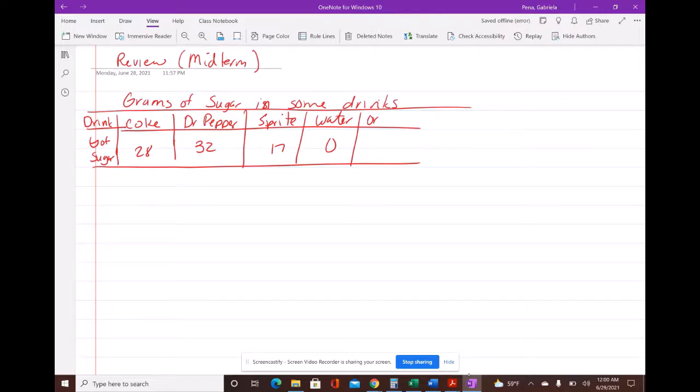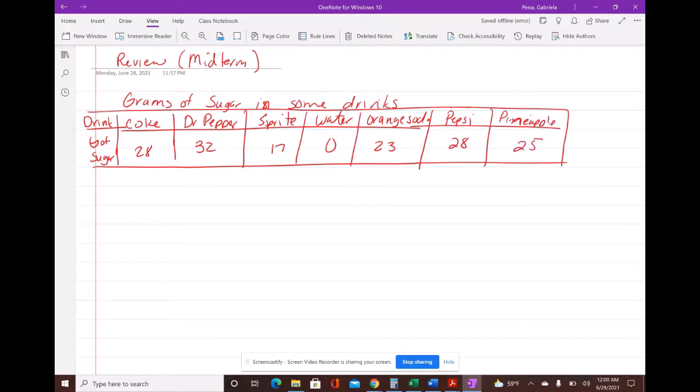We have orange soda, and the orange soda has 23. Let's say I had Pepsi, and Pepsi also has 28. And then we have pineapple soda, and that pineapple soda has 25.